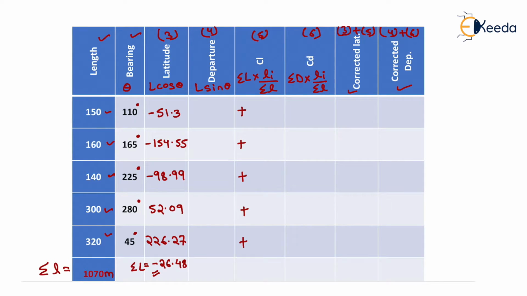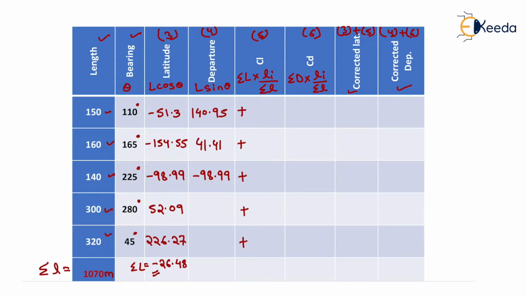Now we will find the departure of all the lines, that is 150 sin 110 degree, which equals 140.95. Similarly 160 sin 165 equals 41.41. Similarly 140 sin 225 degree equals minus 98.99.